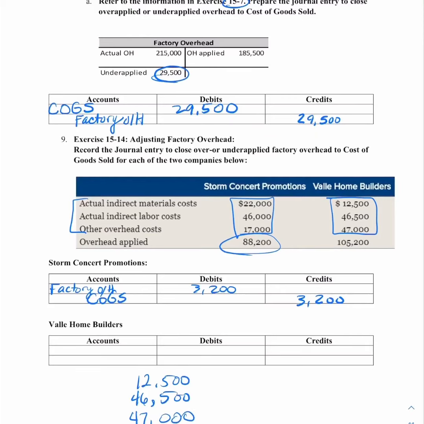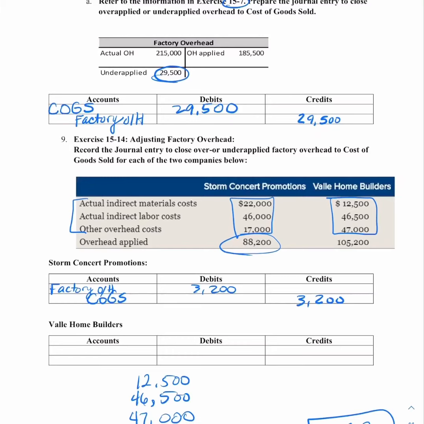And so when I add up 12,500 plus 46,500 plus 47,000, what I come out to is 106,000 in actual overhead. But we only applied 105,200. So since applied is less than actual, we under applied overhead.